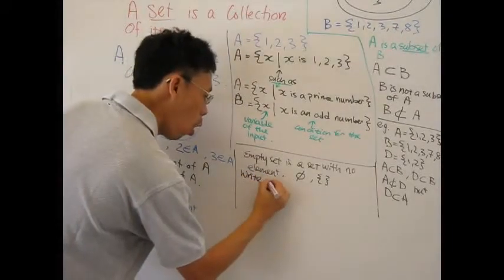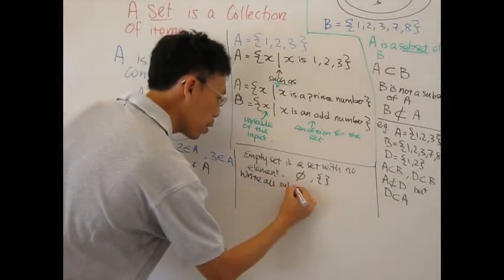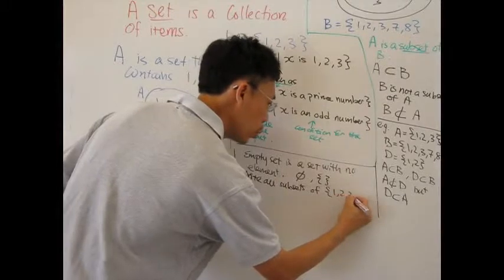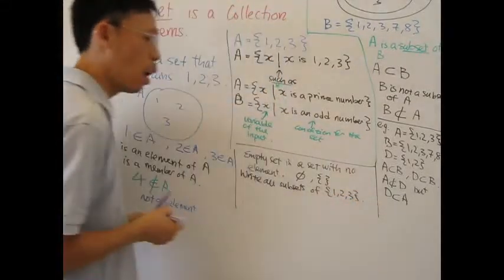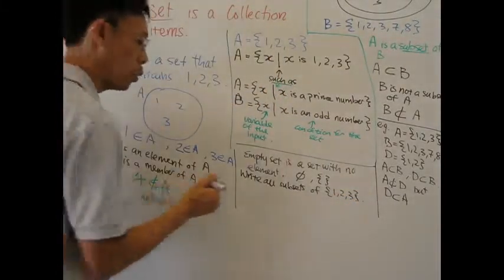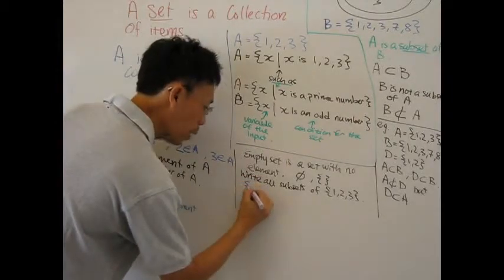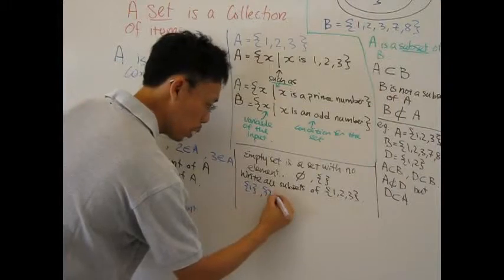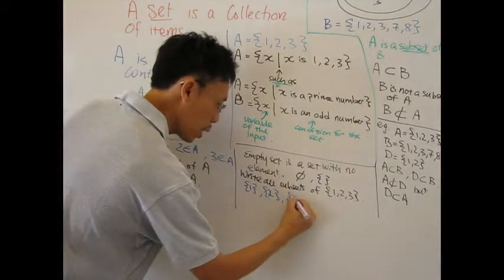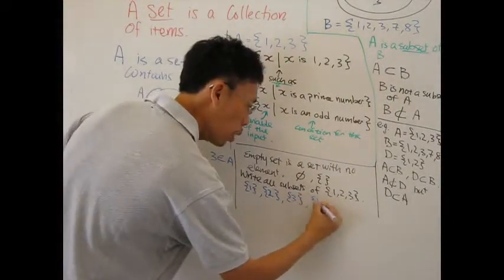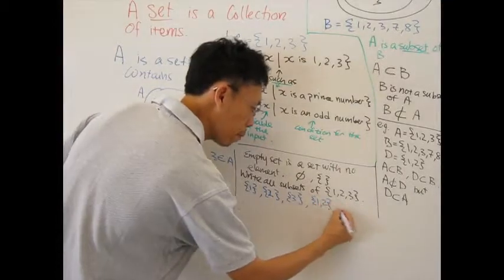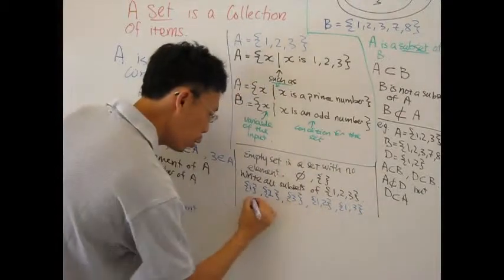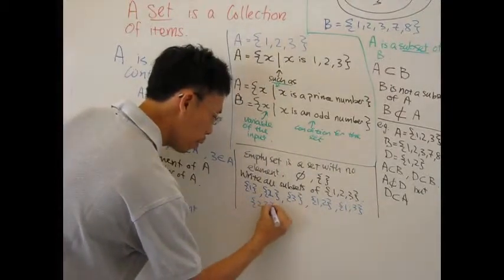out all subsets of 1, 2, 3, for example. Now, what are all these subsets of 1, 2, 3? Well, that's easy. 1 is a subset of 1, 2, 3. 2 is a subset. 3 is a subset. 1, 2 is a subset. 1, 3 is a subset. 2, 3 is a subset.